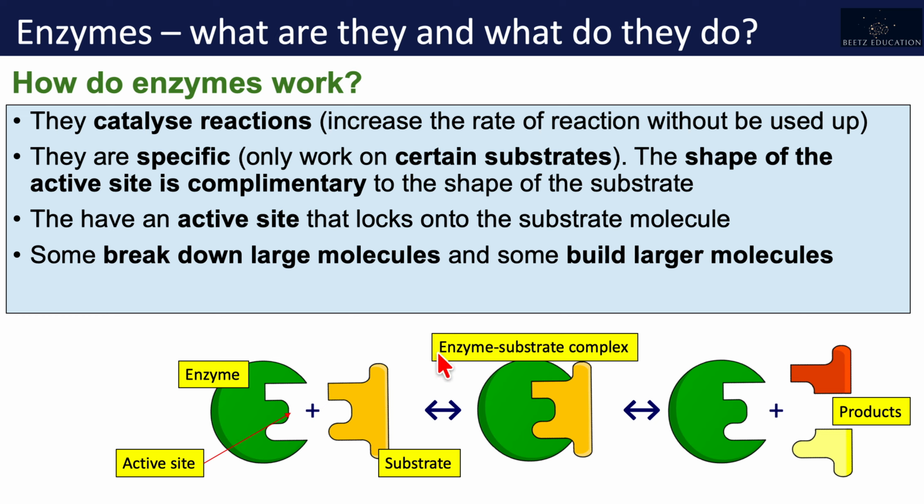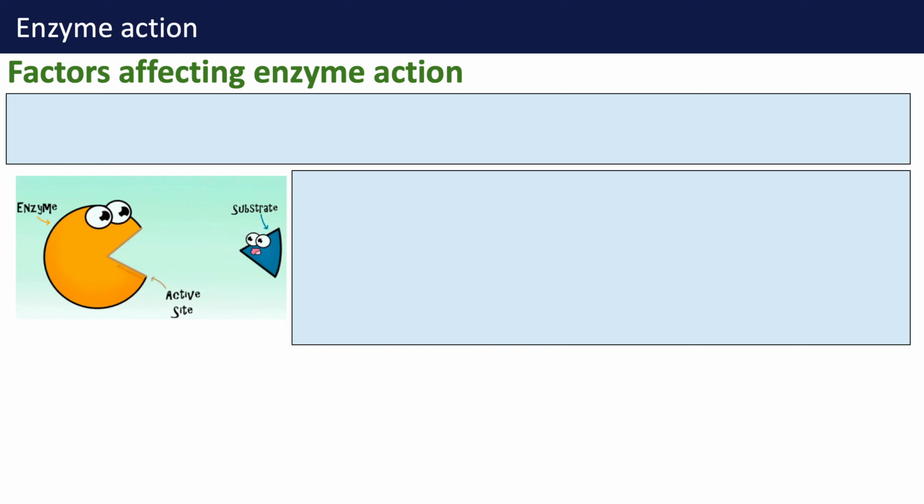And you would expect to get 2 or more smaller substrates locking into the active site to produce one bigger one. And importantly, as mentioned previously, the enzyme is not used up in that reaction. It will remain at the end, okay? And that links to its definition as a biological catalyst.